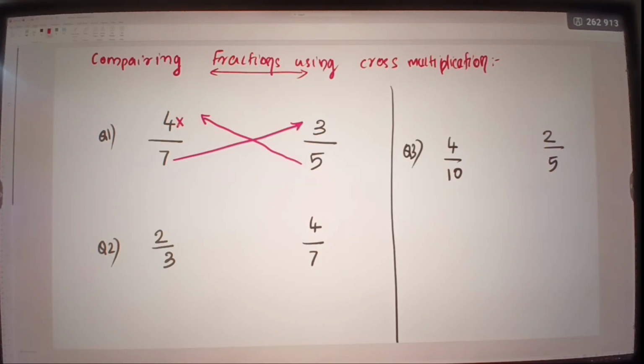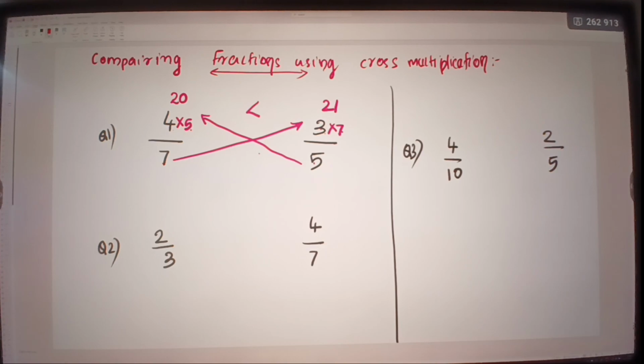Multiply 4 with 5, 3 with 7. So 4 times 5 is 20. 3 times 7 is 21. That means 21 is greater than 20. So 4 over 7 is less than 3 over 5.